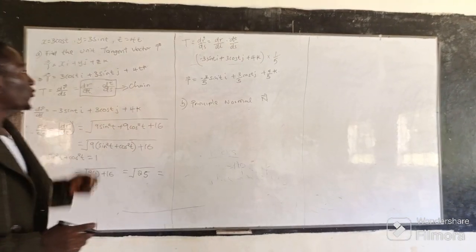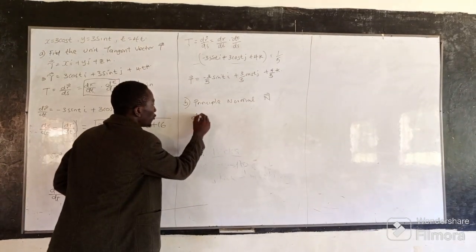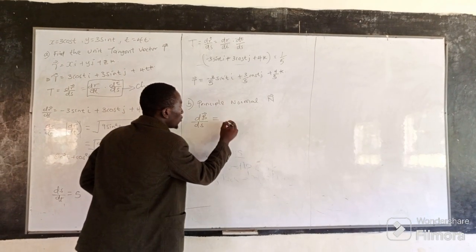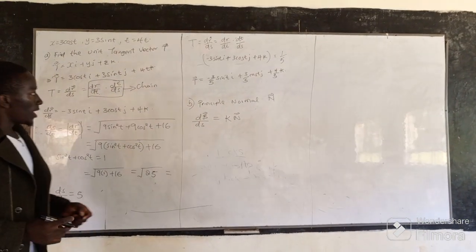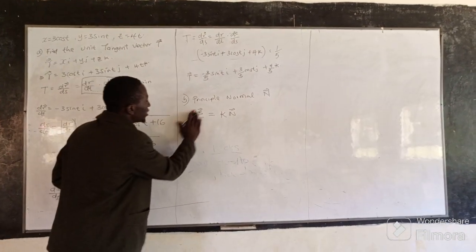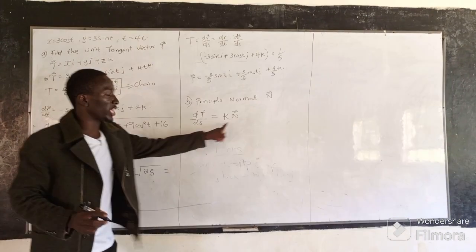Principal normal N, from the first Frenet-Serret formula, we are told that dT over ds is equal to kappa N. I'm only having dT over ds.